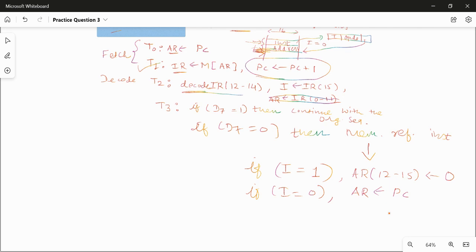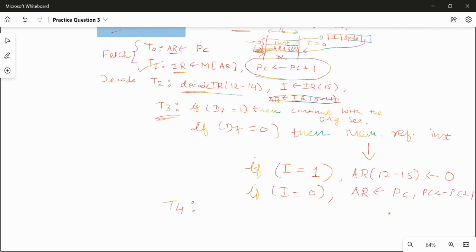And PC is supposed to point to the next instruction's address. You can again increment PC by 1, so that it will point to the next instruction in sequence. Now, all this processing will happen during time T3. Still, the control needs to read the required address in AR.